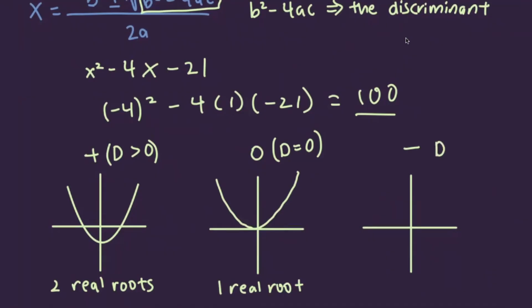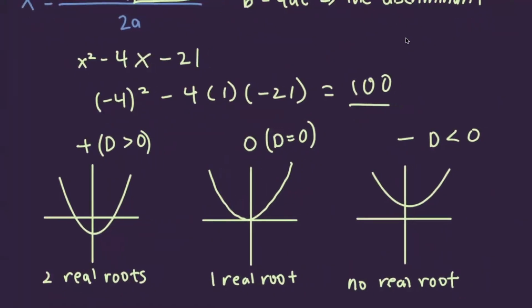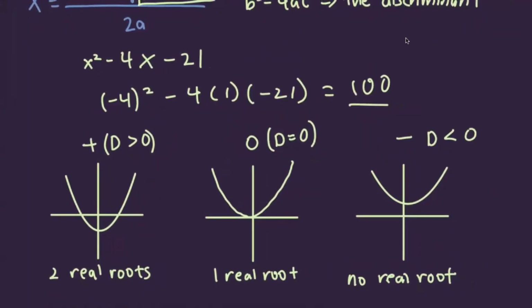When d is negative, which is less than 0, then the graph would be like this, when there is no real root. So in short, the discriminant tells you how many real solutions are out there. As you can see, our example has two real solutions since 100 is greater than 0 and is positive.